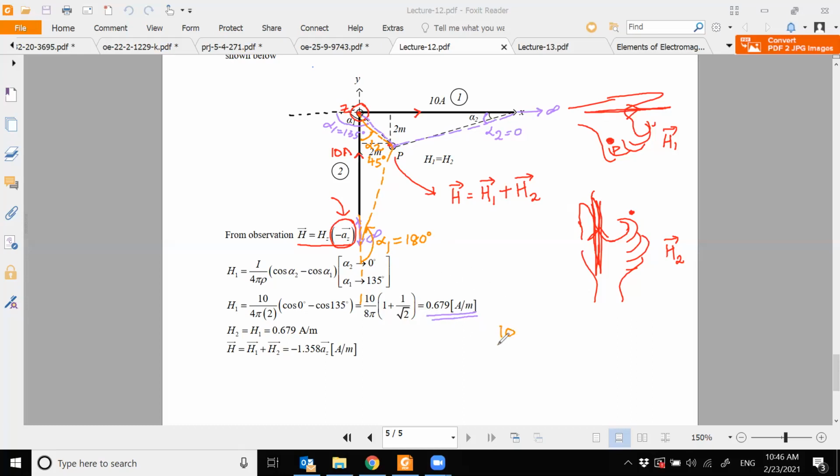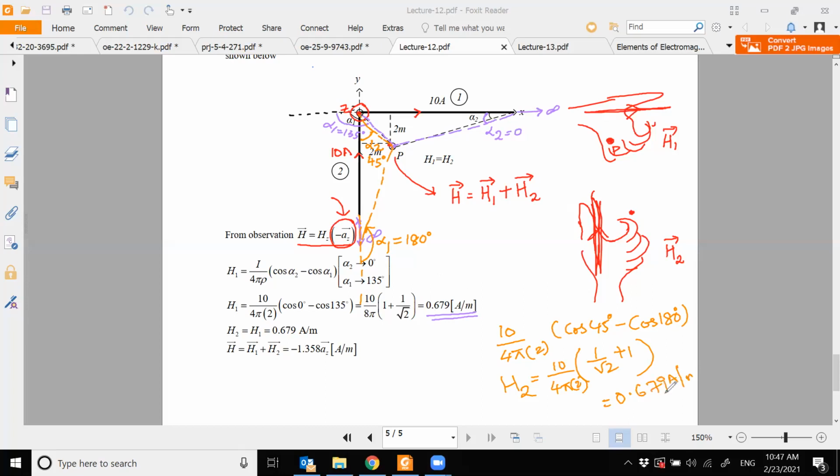Because it will be 10 divided by 4 pi times 2, cos of 45 minus cos of 180 degrees. Cos of 45 is 1 over root 2. Cos of 180 degrees is minus 1. So minus of minus 1 will be this one. 10 over 4 pi times 2. This will be my H2. And this is the same as this one.